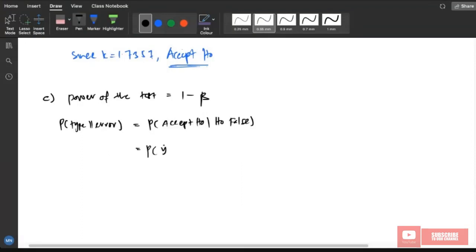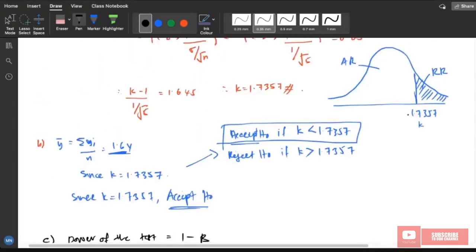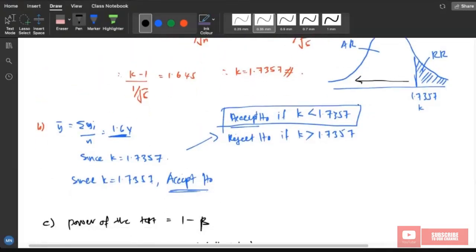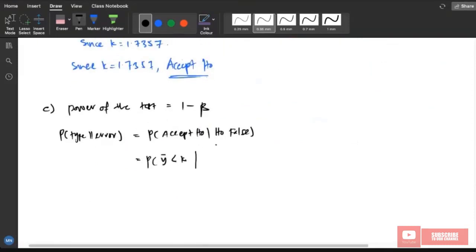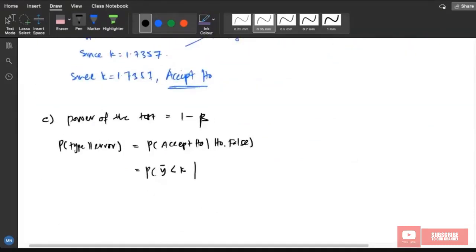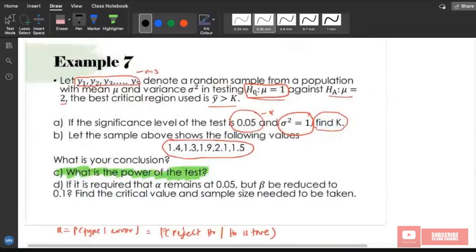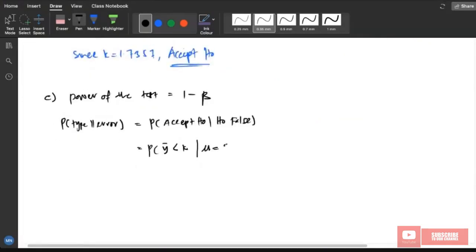So it is the probability of Y bar less than K. The condition for accepting null hypothesis is when Y bar is less than K. Null hypothesis is false means the alternative hypothesis holds: mu is equal to 2. We know from the previous example that K is equal to 1.7357. Now we just plug the values into the formula.